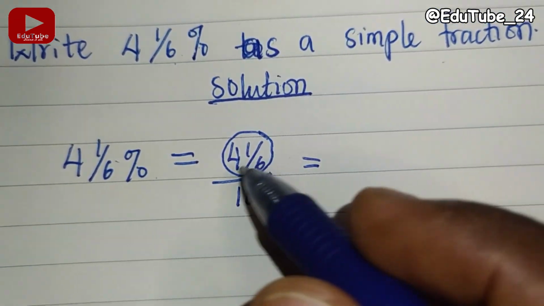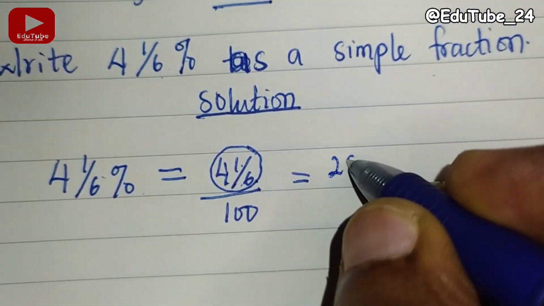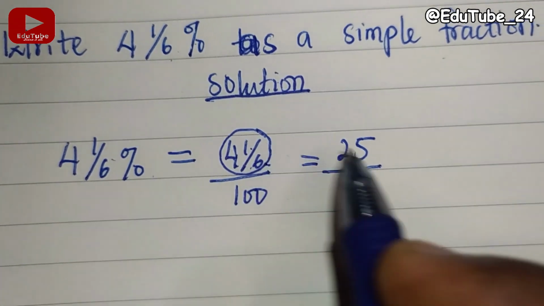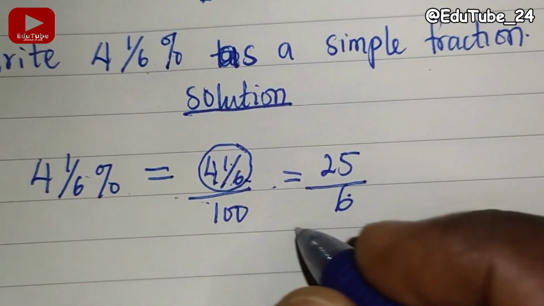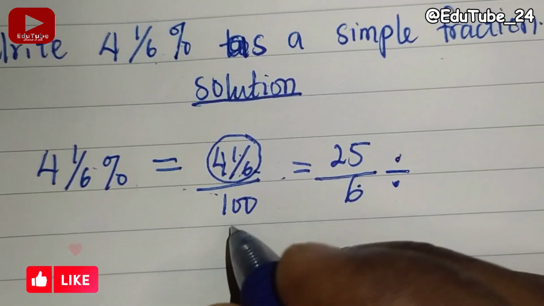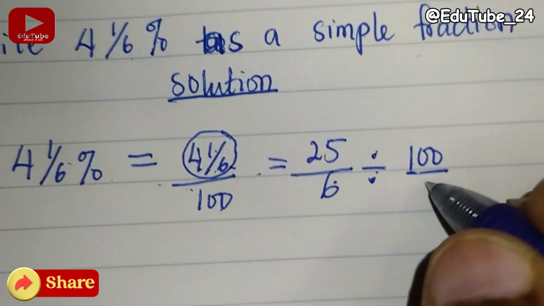To convert it, that will be 4 times 6, 24. 24 plus 1 gives us 25. So I'm going to have 25 out of 6. So we have converted 4 1/6 to an improper fraction. Then, instead of writing another dividing line, I'm just going to place a division sign, divided by 100 over 1.